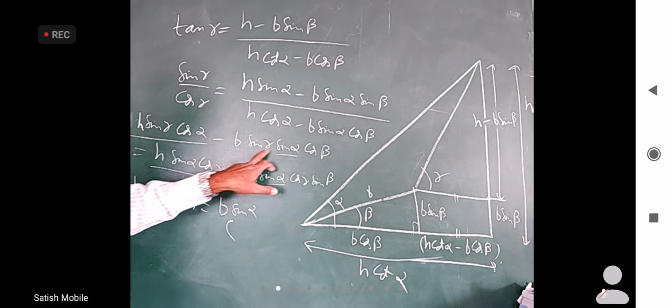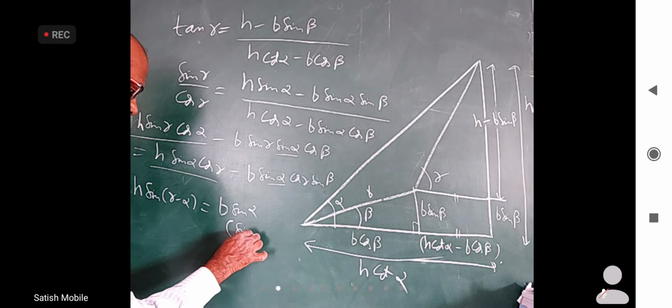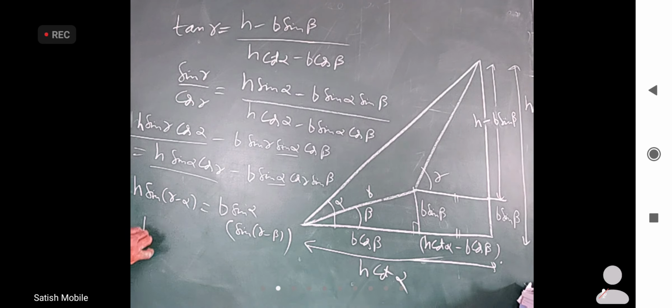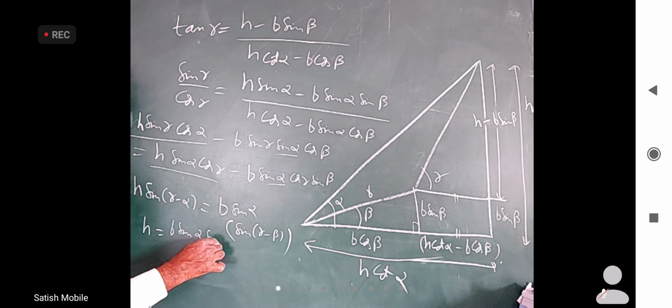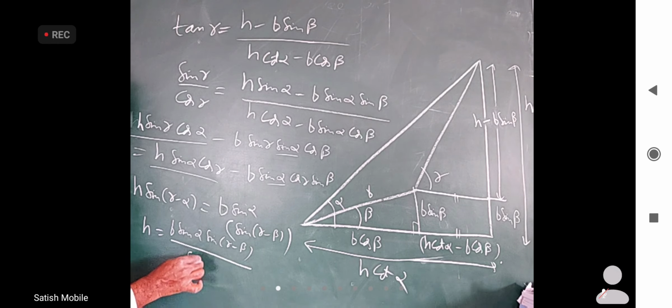I'll get sine gamma cos beta minus cos gamma sine beta, which is sine gamma minus beta. Bring this down now. We'll get h equal to b sine alpha sine gamma minus beta whole by this one, which is sine gamma minus alpha.